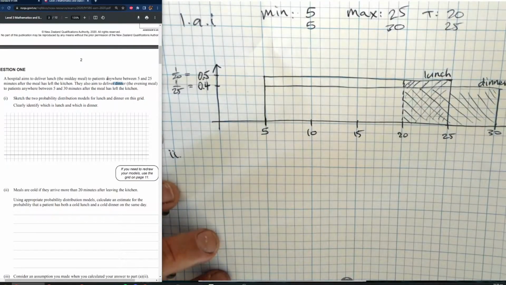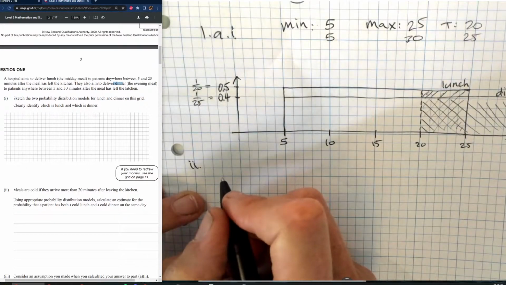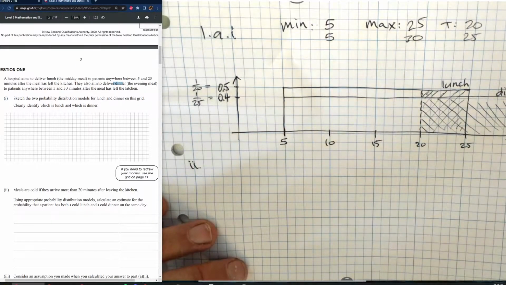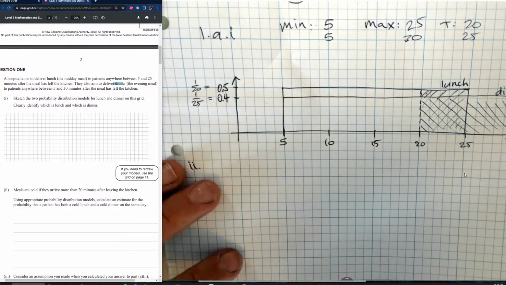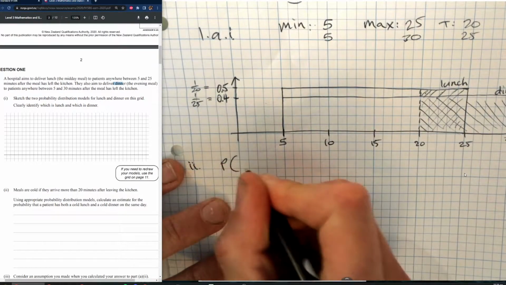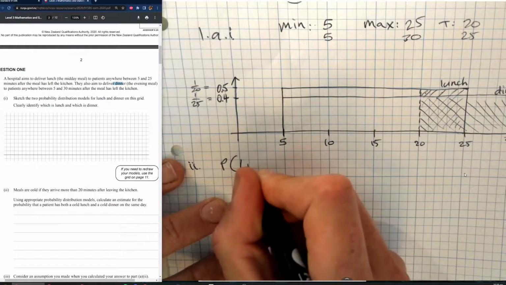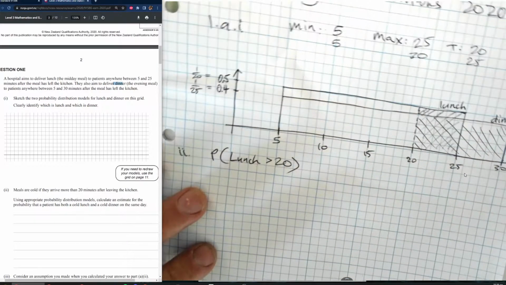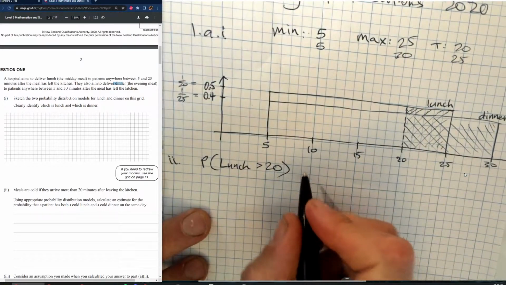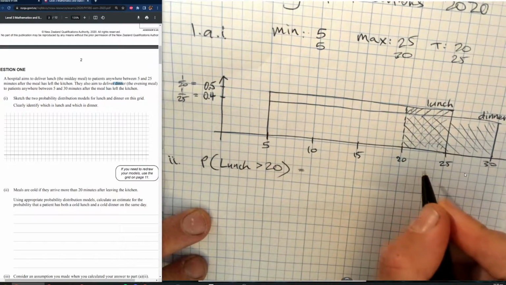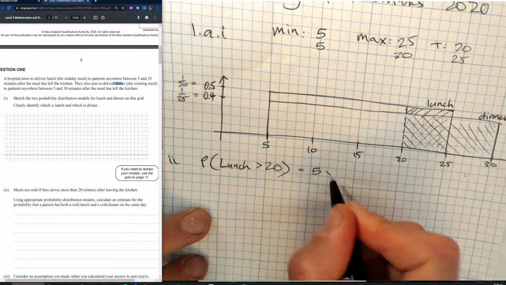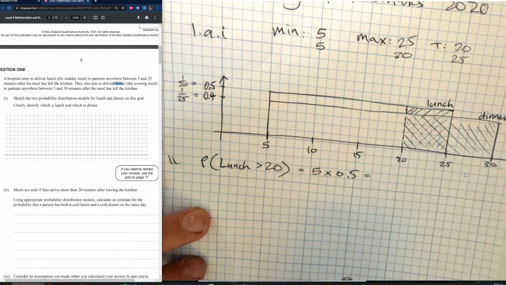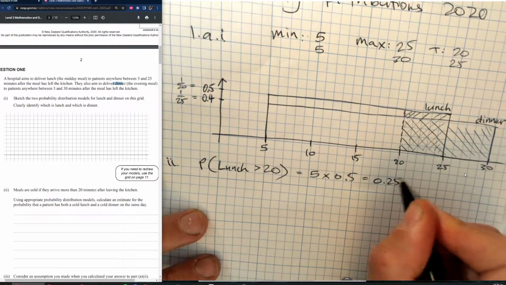Okay, so I can't remember how they actually want you to do these calculations, but what I'm going to do is just find the area of a rectangle. So you can see that the base here is 5, so P that lunch takes longer than 20 is the base, 5, times the height, which is 0.5, and that comes out at 0.25, a quarter, just like we thought.